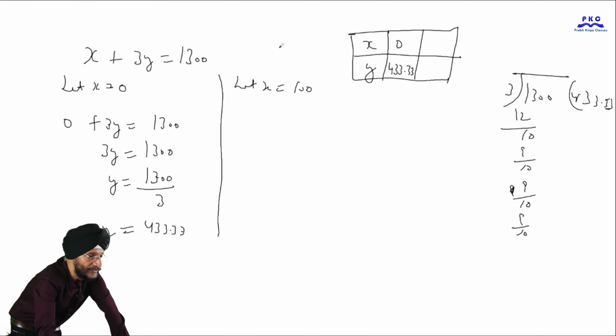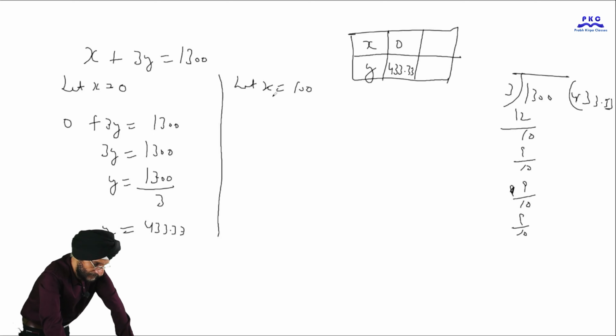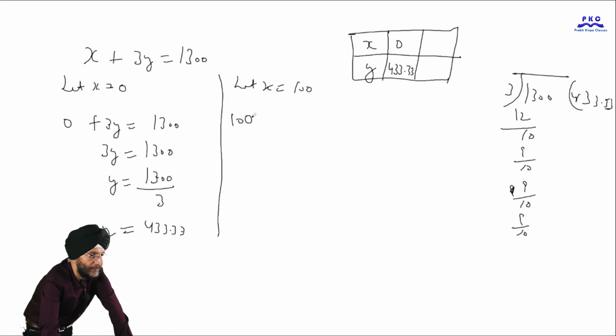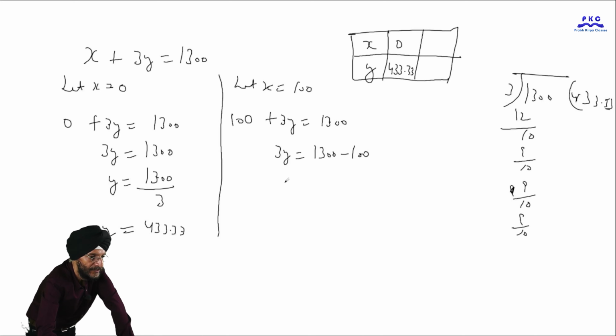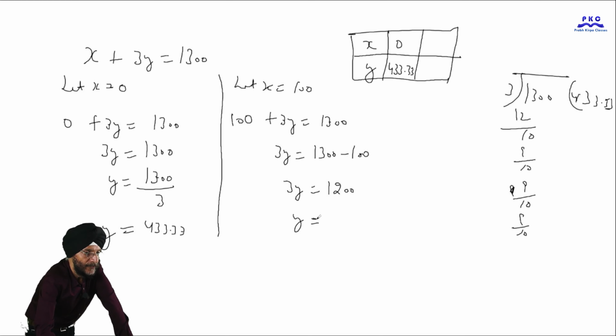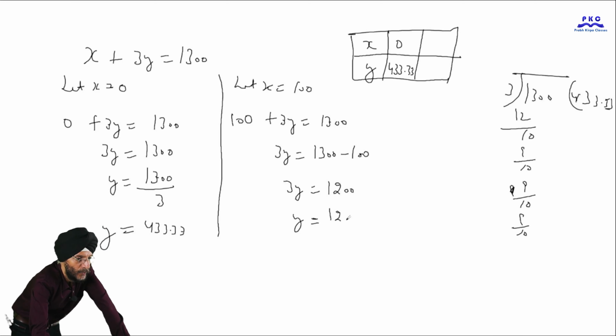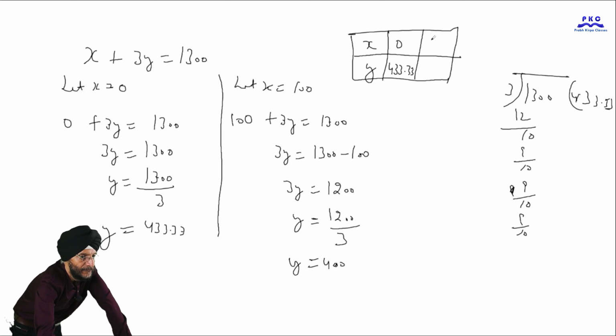So now let us see what happens. 100 plus 3y is equal to 1300. 3y is equal to 1300 minus 100. 3y is equal to 1200. Y is equal to 1200 divided by 3. Y is equal to 400. So when x is 100, y is 400.